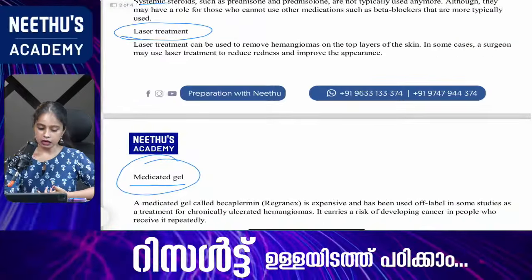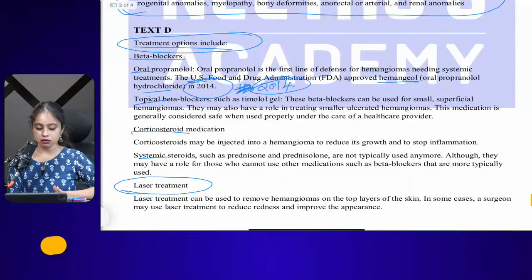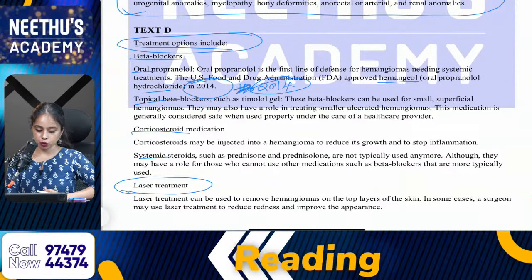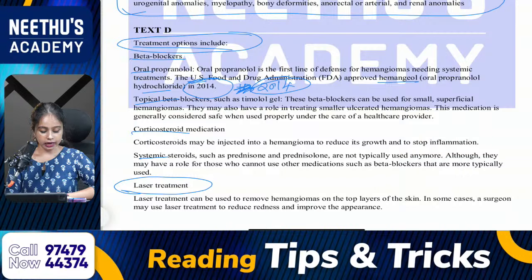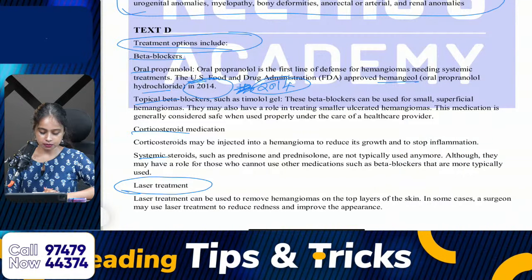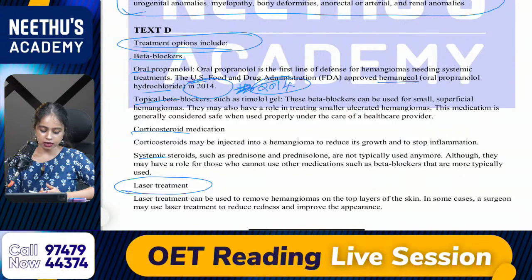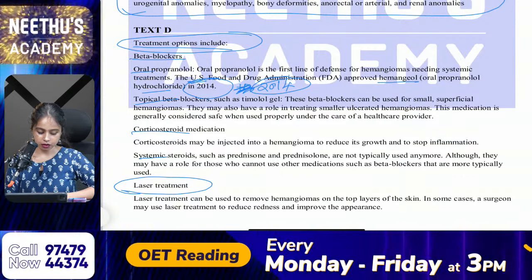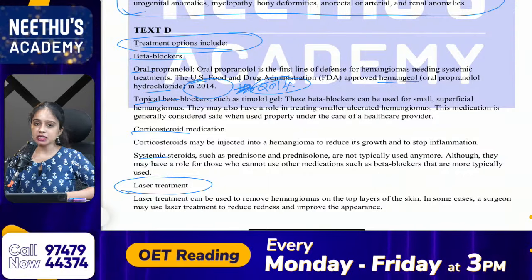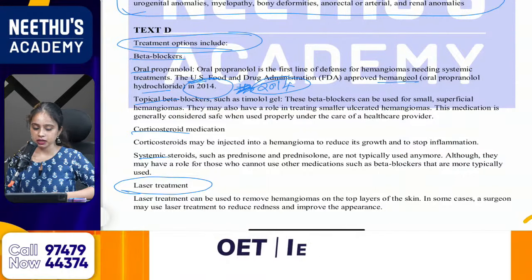So we can search for that particular thing in treatment. So what is the answer? Any idea? What is the answer to question number 14? It is beta blockers that should be the drug.